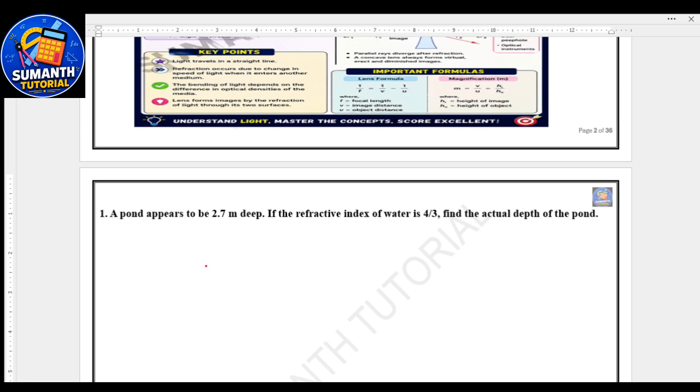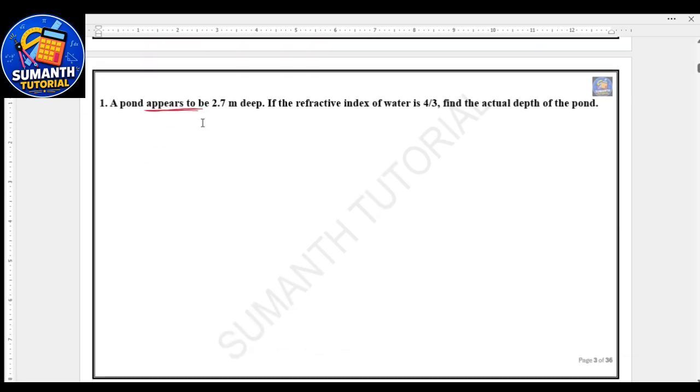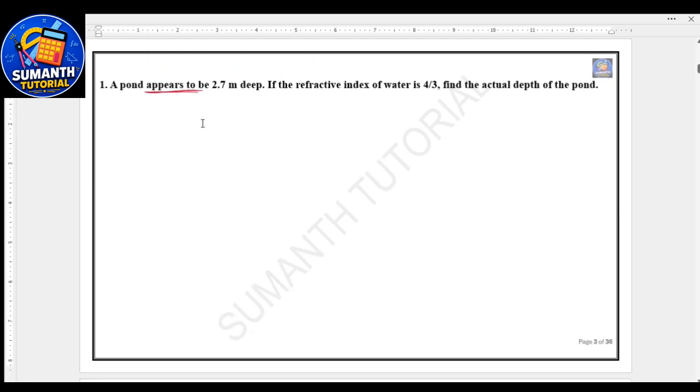Now see here, one thing that I want you to concentrate on is this: "appears to be." Can you see this? This "appears to be" represents the apparent depth. And can you see here the words "actual depth"?